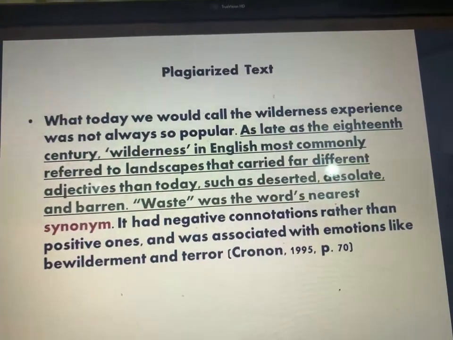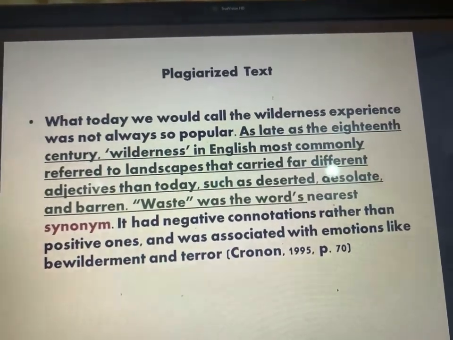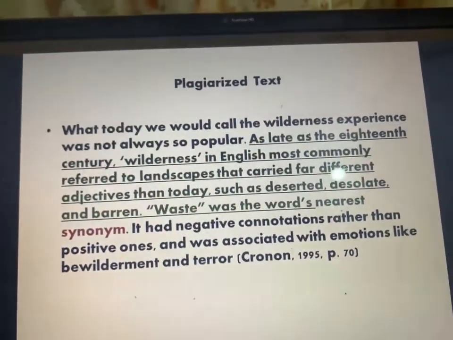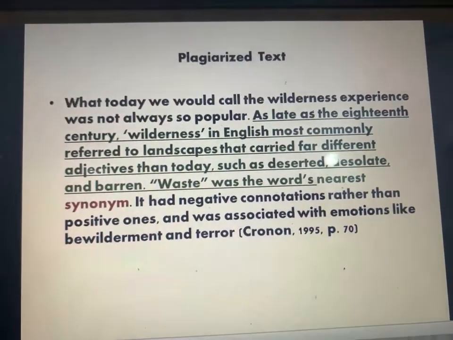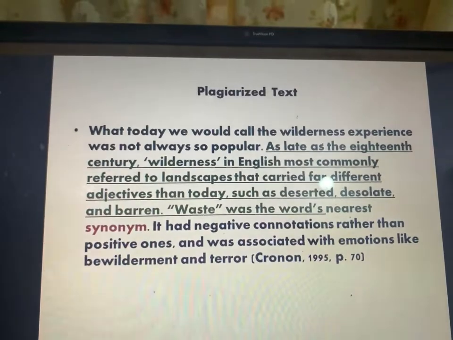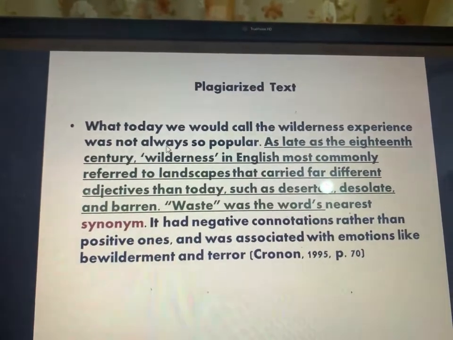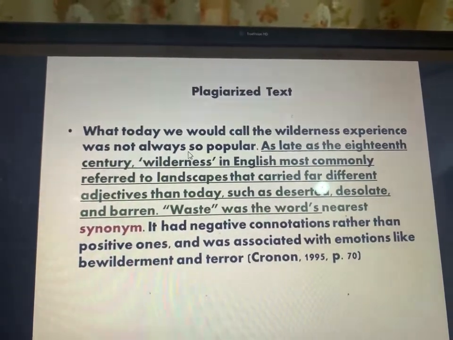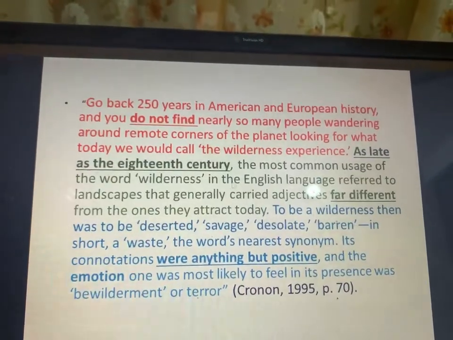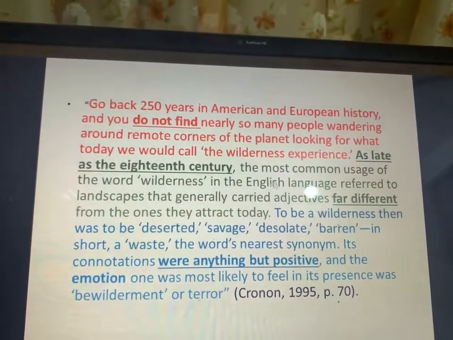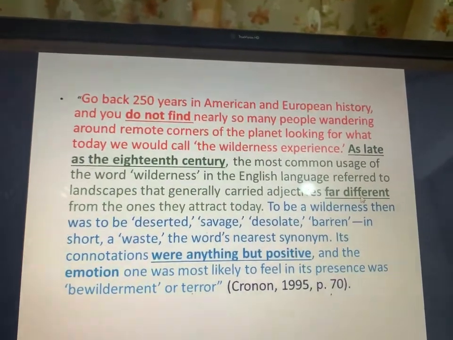What today we would call the wilderness experience was not very popular. Okay, this is what we highlighted in the original text. But oh my God, look at this sentence. Yes, the writer made sure that tip number 1 was applied, but look at the second sentence. If we go back, oh my God, it's the same. As late as the 18th century, the most common usage of the word blah, blah, blah.